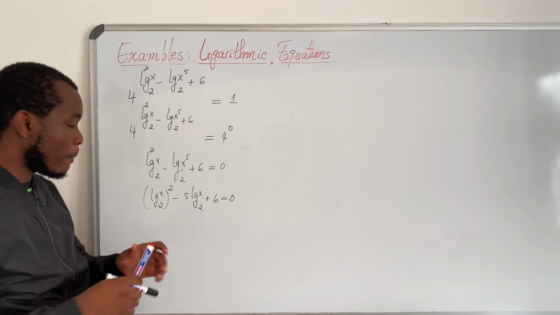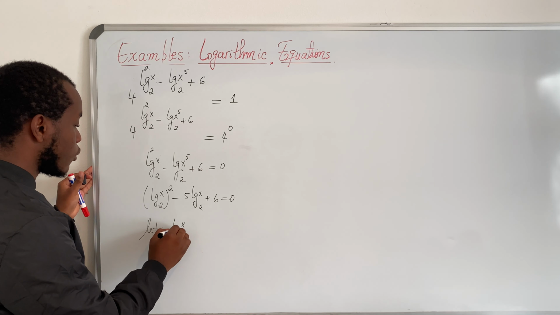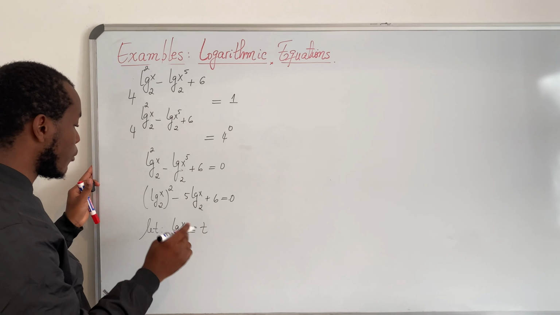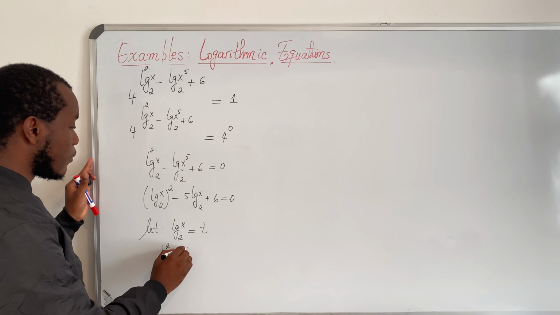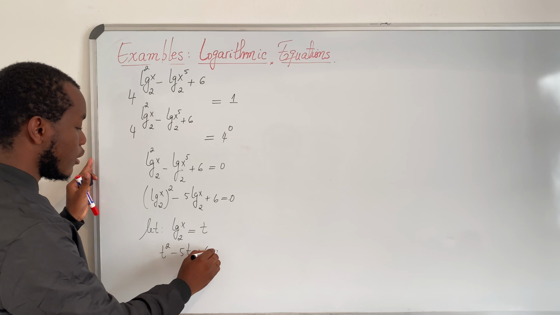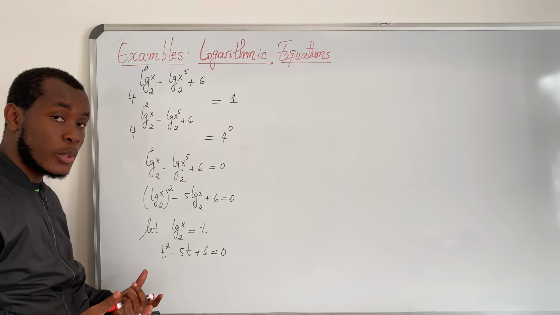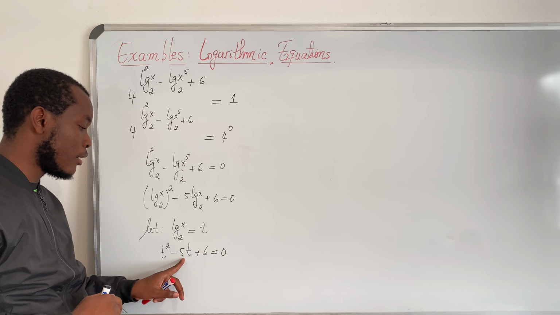We can let log of x to the base 2 be equal to t. I like letting it be t. So when I substitute here, I'm going to have t squared minus 5t plus 6 equal to 0. This is a quadratic equation. We can quickly solve it by finding two numbers that multiply to 6 and add to minus 5.